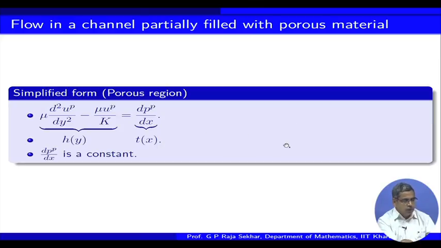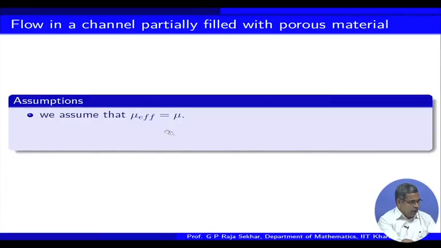In both cases we have got the inference that the individual pressure gradients are constants. So, we are now assuming a flow driven by constant pressure gradient, and then we are going to analyze how the interface phenomena control the total volume flow, etcetera.